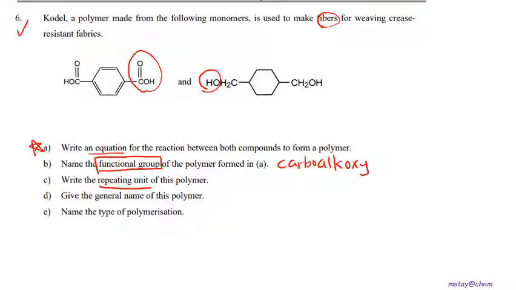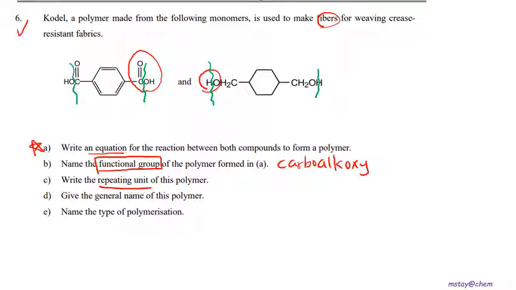Like we know previously, for the carboxyl group the bond will break between carbon and OH, while for the alcohol it will break between O and H. So this case also happens. Let's draw the structure.